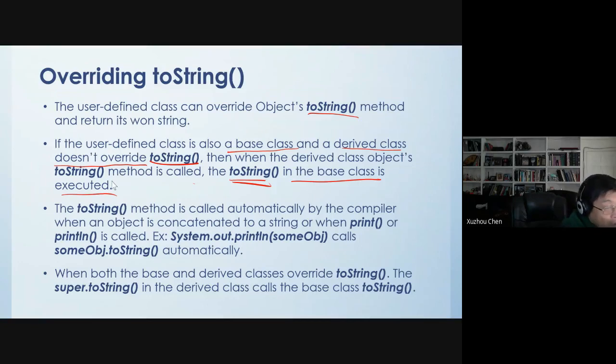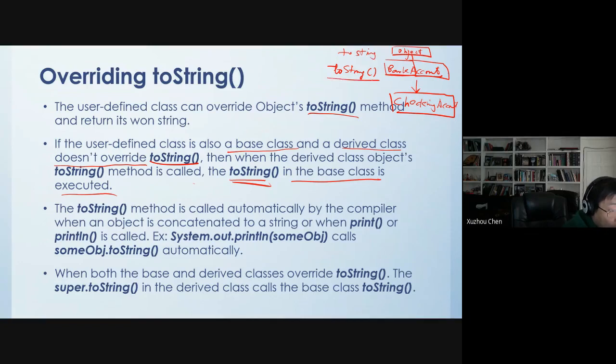Okay, so if you have your class, say BankAccount, this is my class, and then I define CheckingAccount. Now, if I override the toString in BankAccount, because Object is the base class for BankAccount and Object has a toString, right? So I can override the toString in BankAccount.